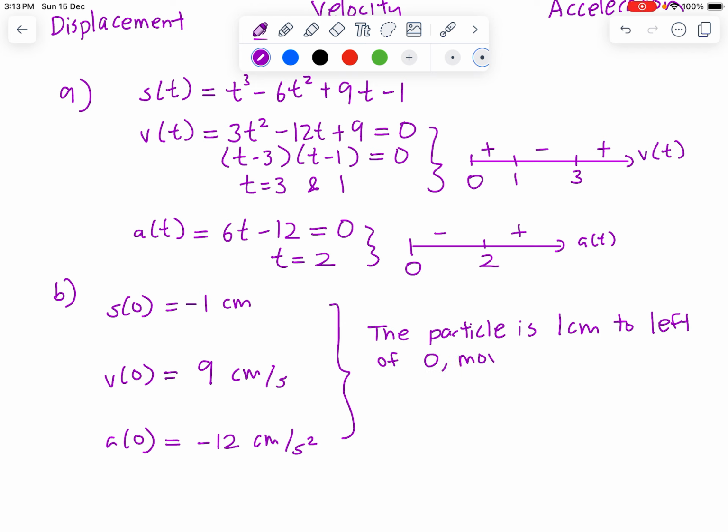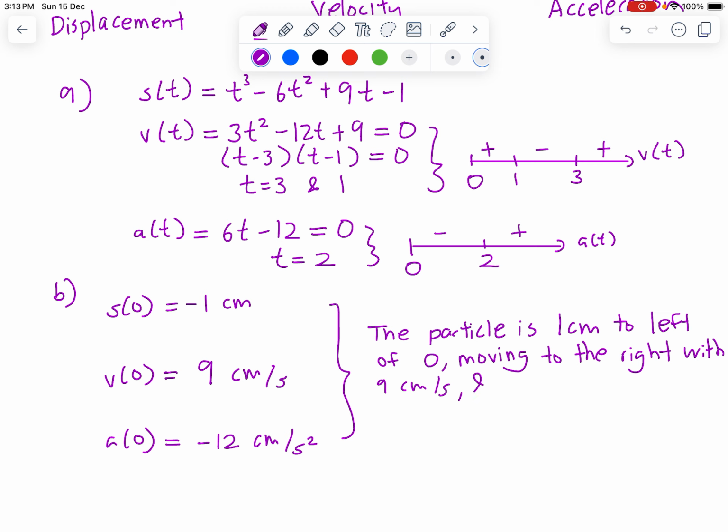And is it moving right or left? Well, because velocity is positive, we know that it is moving to the right with 9 cm per second.